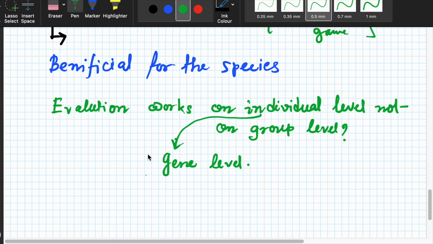So how can one explain, if it is true that evolution works on the individual level, that means the gene level, that it is beneficial for the species? That is why these kinds of strategies are there in the animal world in general.